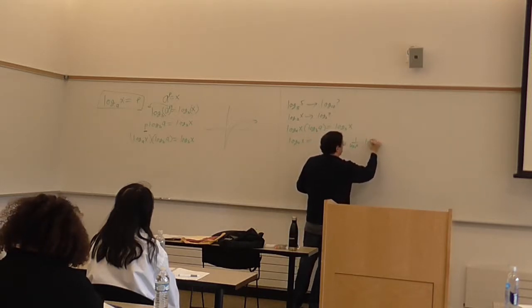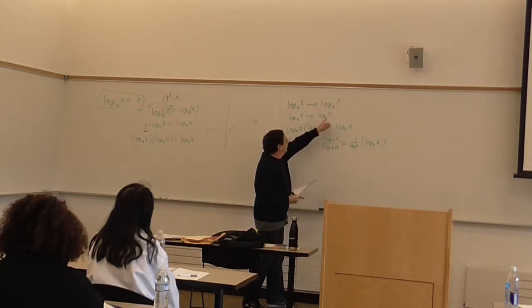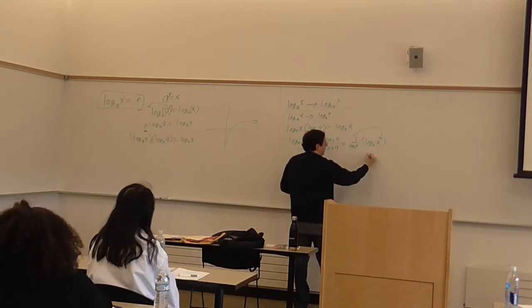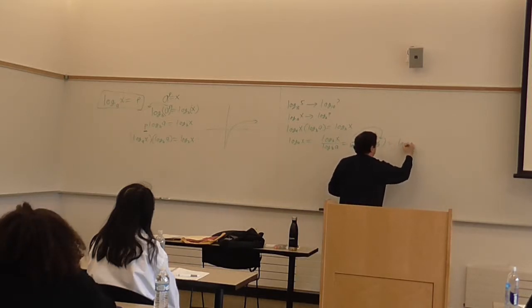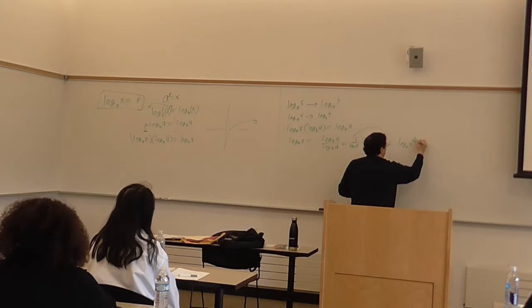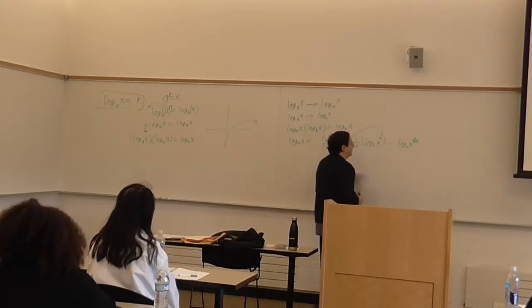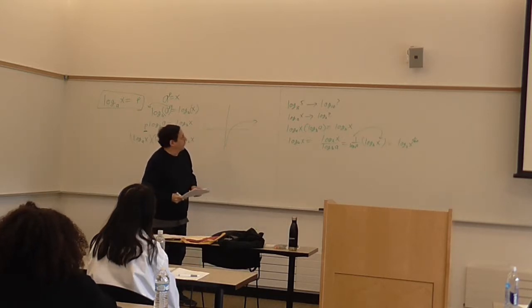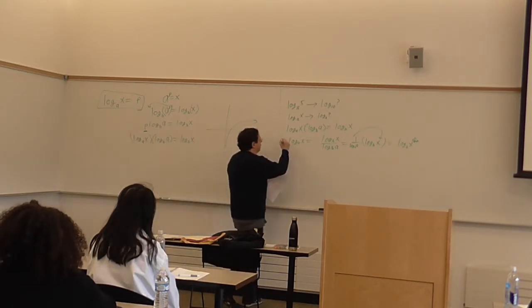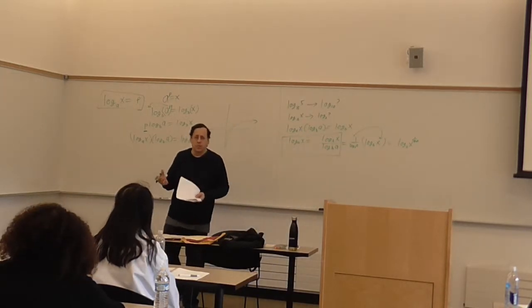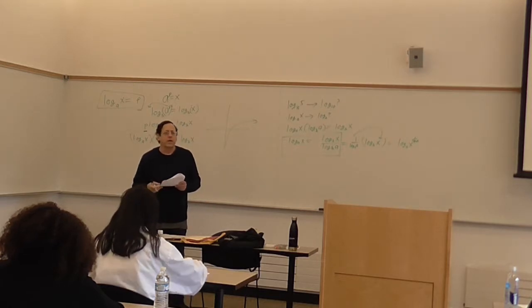So if I really want to know what this is, I can now move this back as an exponent: log to the base b of x over log to the base b of a. Depending upon how you write this, I think this is the most common way you're going to find it. This is a way to transform the base of a log.